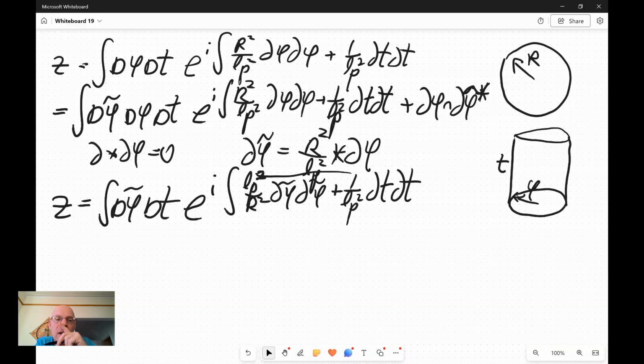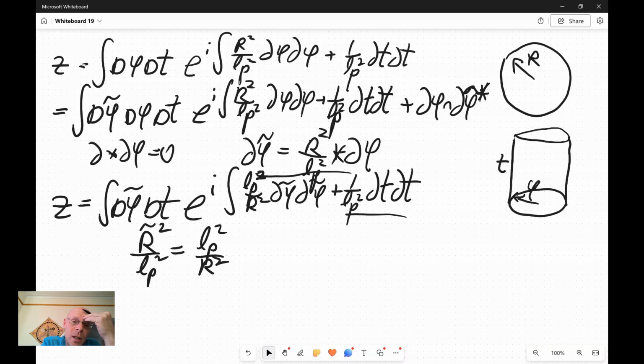So let's stare at this action. It's very similar to the first action. Time is still measured in units of L Planck, but this universe has radius r tilde squared over L Planck squared, which is L Planck squared over r squared.